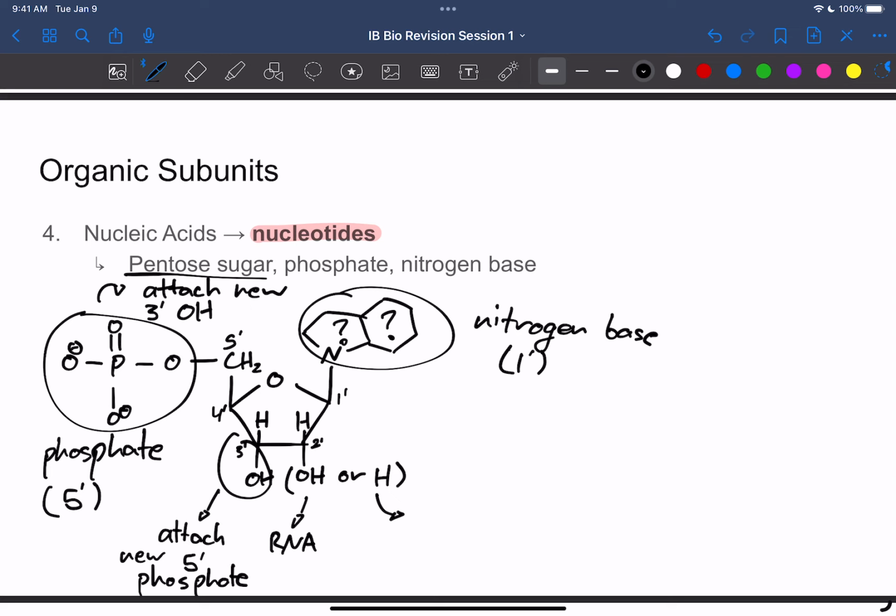Anyways, as I was saying, this 2 prime OH group can either be an OH or an H, and that will change whether it's RNA or DNA. If it's an OH, then it's RNA, and if it's just an H, then this would be DNA.